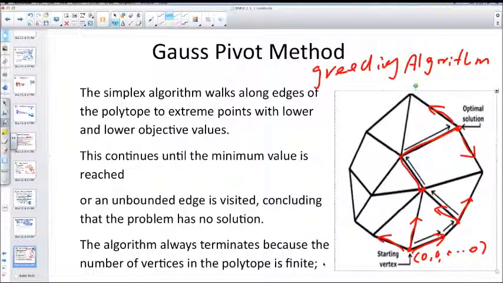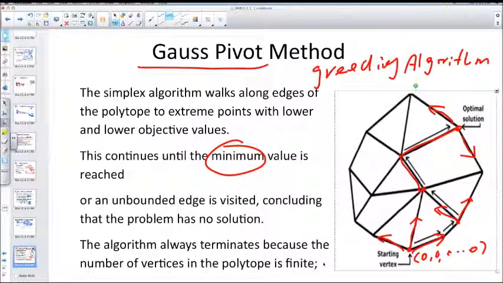So that valley is your minimum solution. So this again is due to Gauss, and we call it the Gauss pivotal method. Remember this idea. We're going to use a tableau with the gradient algorithm to solve the linear programming problem manually. And then I am also going to show you how to solve it by MATLAB.